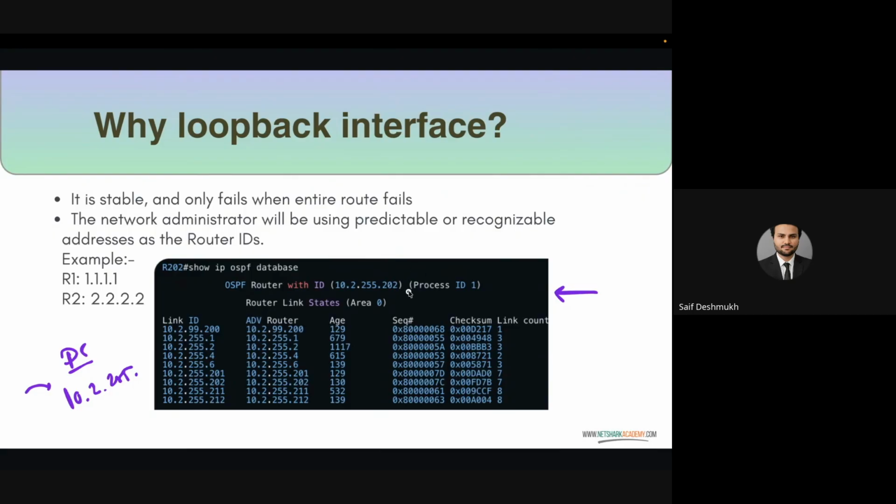when you look at the database, it is predictable which router ID this information belongs to. So if you take out this route, 10.2.255, this is router 1 we're looking at. This is the routing information of router 1. It's much easier to troubleshoot when you just remember which router is which, because it narrows down the troubleshooting time.